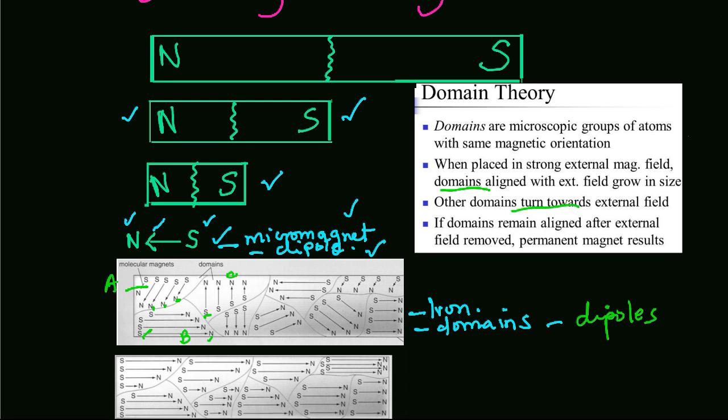Other domains turn towards the external field, and if it happens that all the dipoles in these domains have been aligned to a particular direction, then we get a magnet.